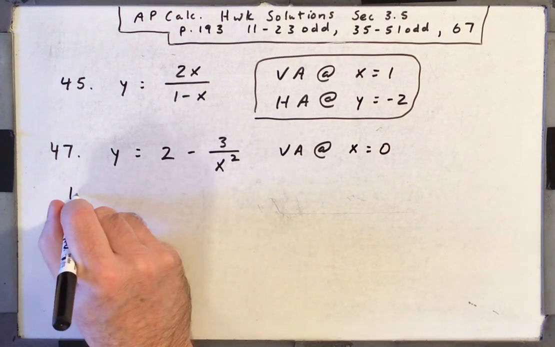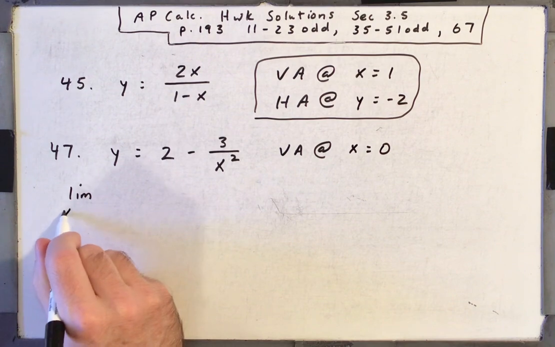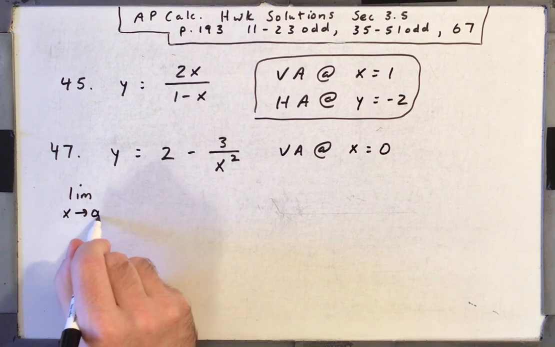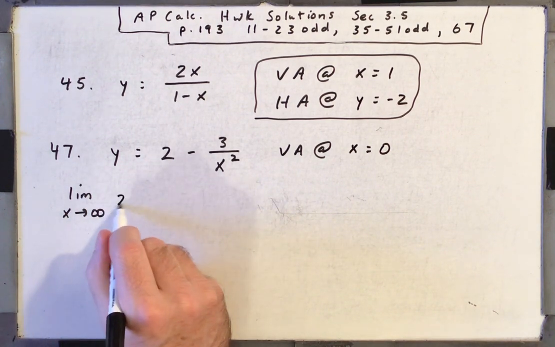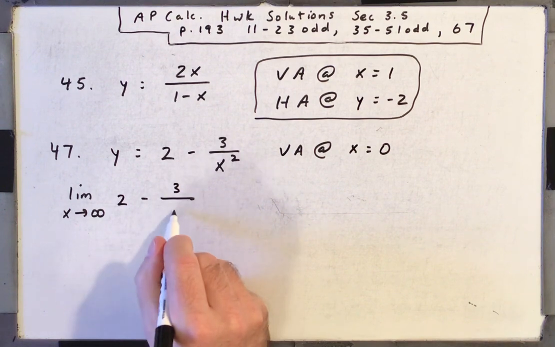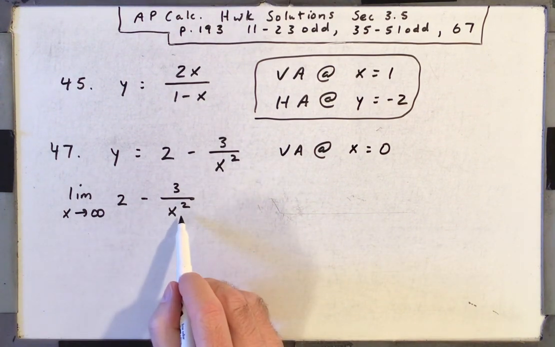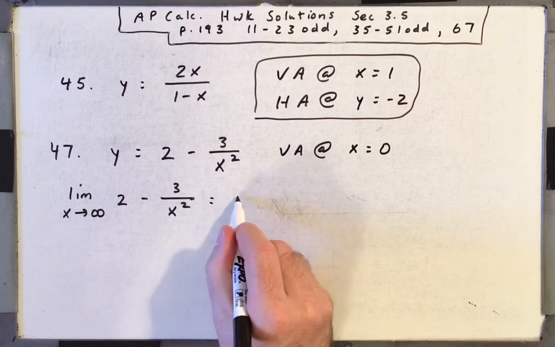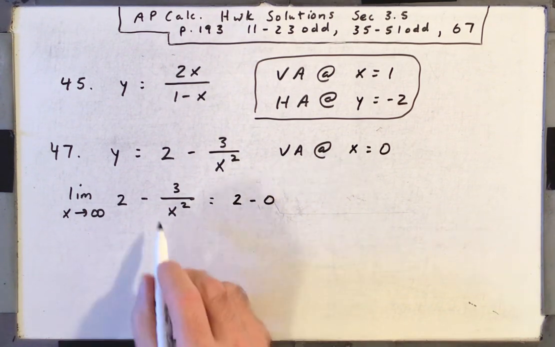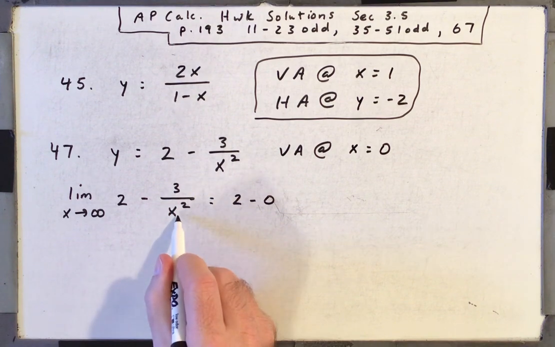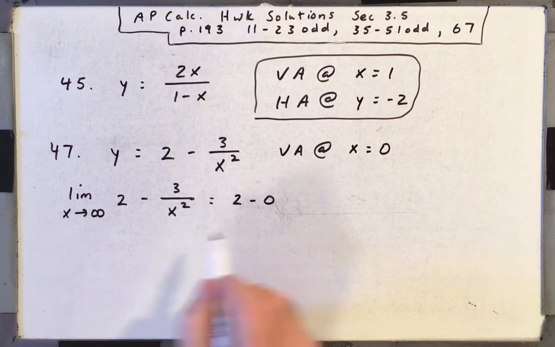But the horizontal asymptote, this is one where we need to take the limit as x approaches infinity of 2 minus 3 over x squared. So if you plug infinity for x squared, then that's the same as 2 minus 0, right? 2 minus 3 over infinity is 0.